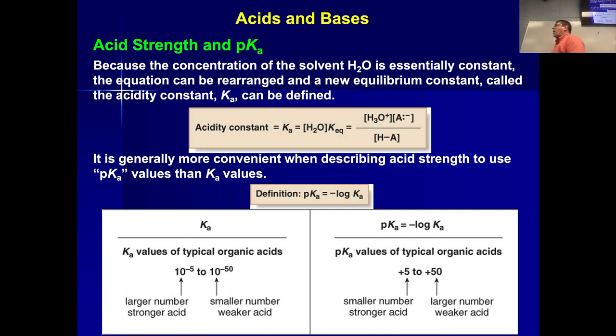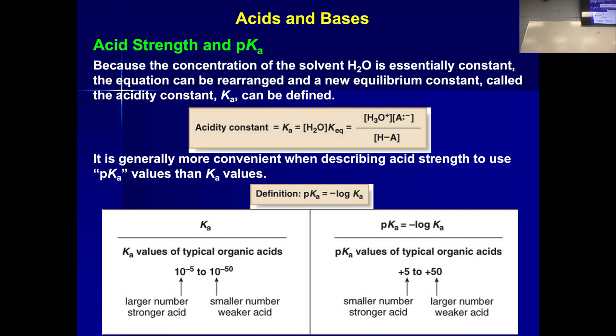Anytime you take a negative log of something, it simplifies it, okay? Negative log is called P. And you can P anything, okay? But we're going to pKa. So when I say pKa, that means taking the negative log of that acidity constant. 10 to the negative 5, when I take the pKa of that, or take the negative log of that, I get 5.